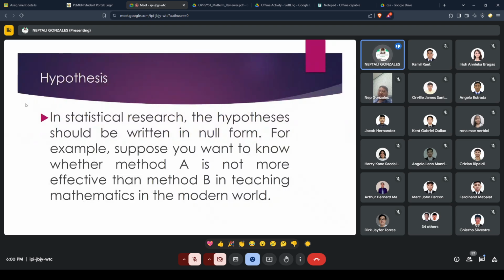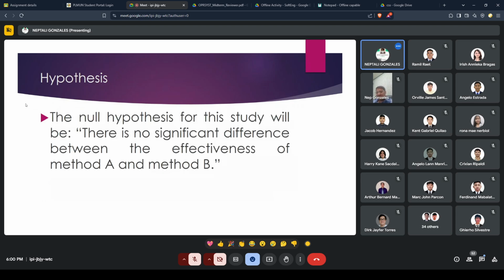After the discussion, the teacher will give an activity. Those are the two sample methods in teaching mathematics in the modern world. You may conduct hypothesis testing to know whether the first is more effective than the second, or the second is more effective than the first, or they have no relationship, meaning they are just the same if the teacher is employing both methods.